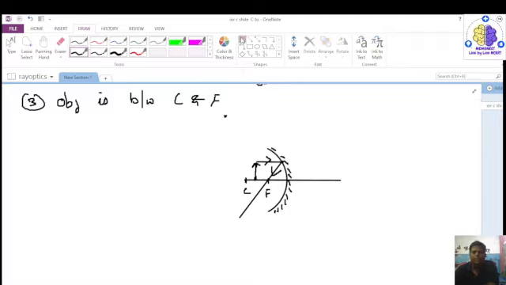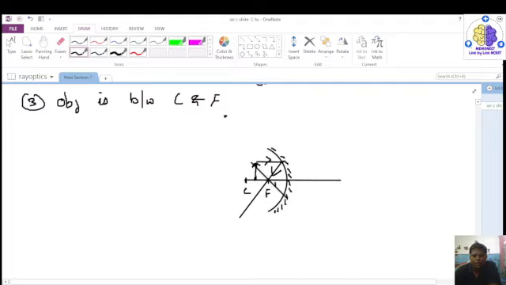Another ray which is traveling while passing through the focus, right?